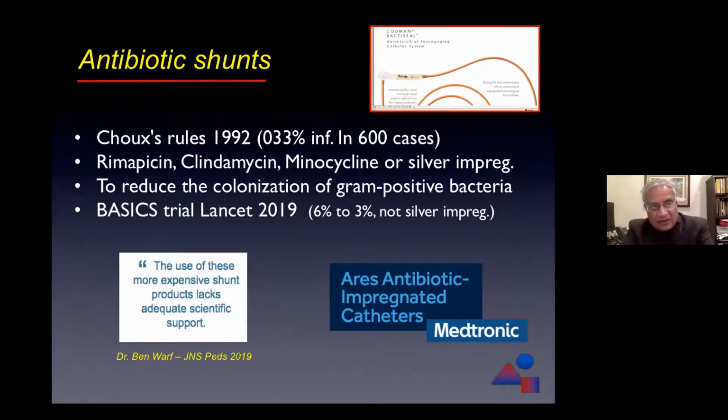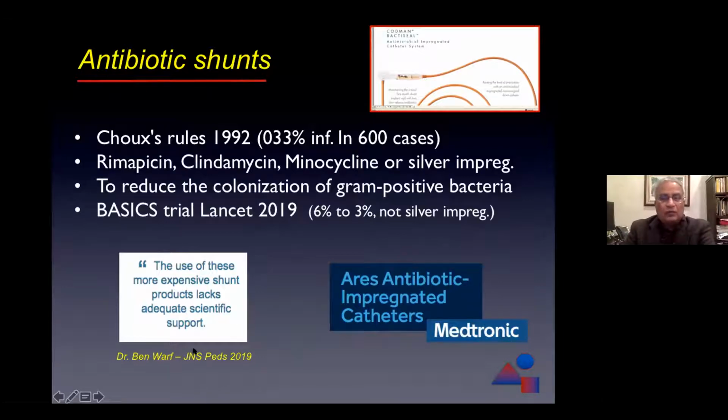The results just came out last year, a very nice study done in England with several thousand patients in each arm: no antibiotic impregnation, the standard; the rifampin and clindamycin Bactiseal shunt, or the Ares shunt if you will; or a silver impregnated one. There was a 6% to 3%, a 50% decrease in shunt infections, if you would. But interestingly, the silver impregnated ones didn't do as well.